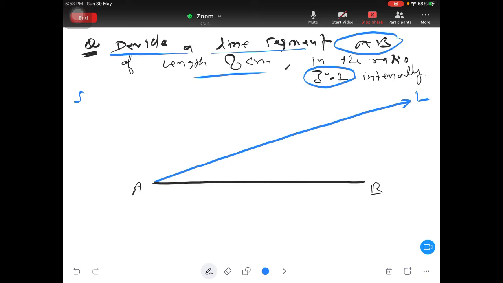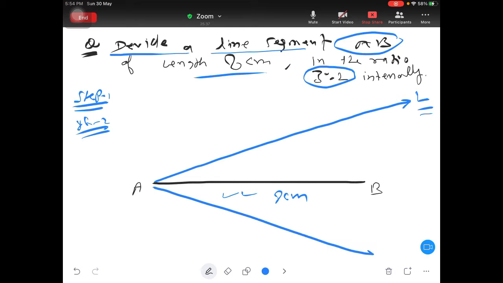So your step 1 is draw the line AB. Done. The length should be 8 centimeter. Done. Then you draw any ray. That is step 2. Done. After that, take care that it should not coincide with AB. I mean, you can draw here, but you cannot draw over AB exactly.